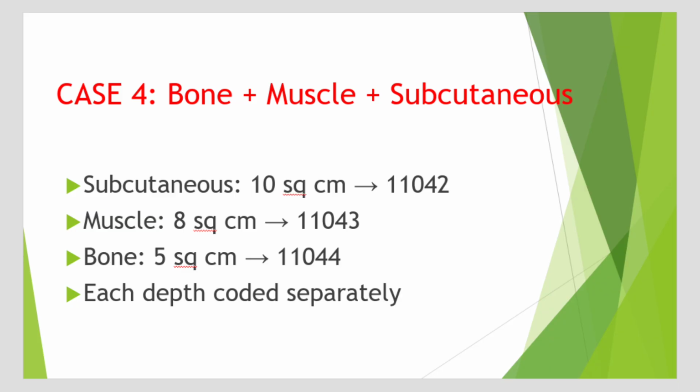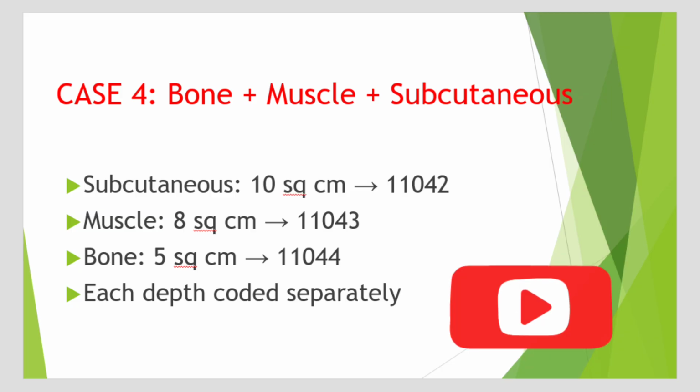So here we have three different depths and all three are separate sizes. So the correct codes are 11042, 11043 and 11044. Do not combine areas across depths. So depth changes the code, size changes the add-on.